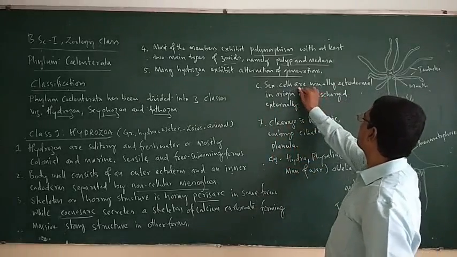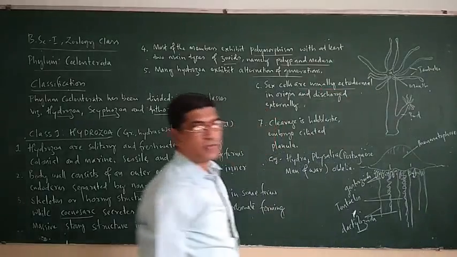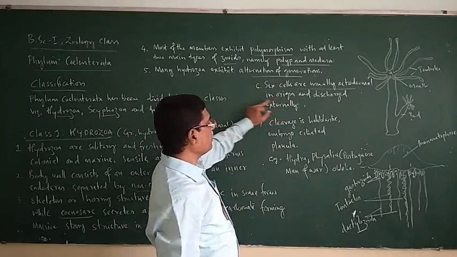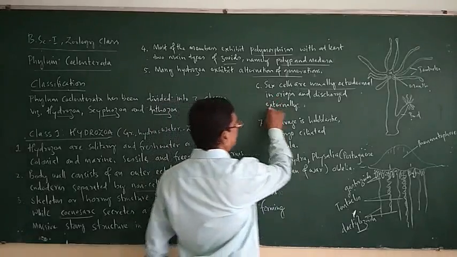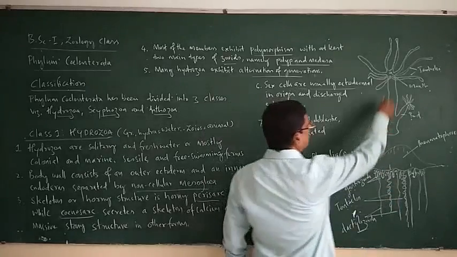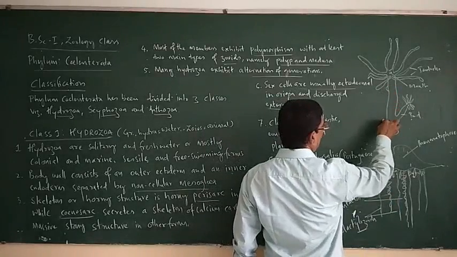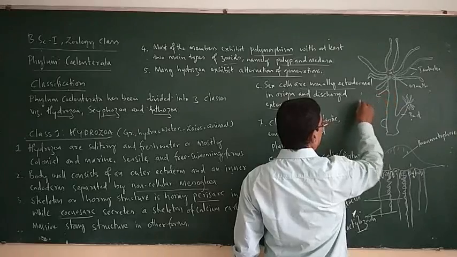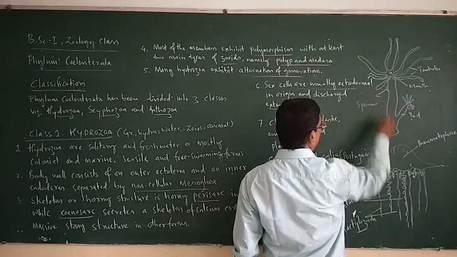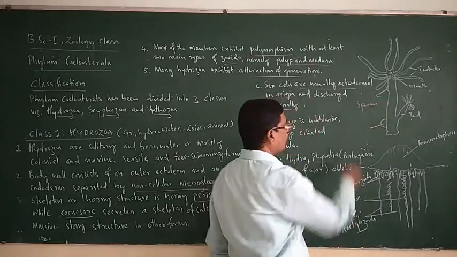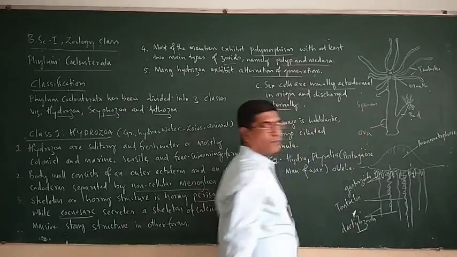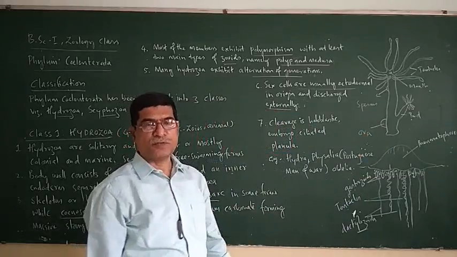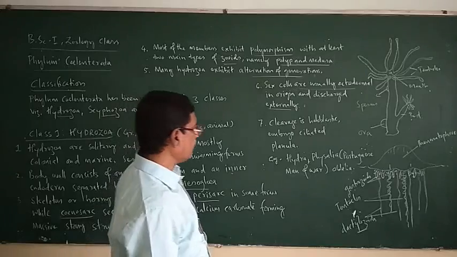Sex cells are usually ectodermal in origin and discharged externally. In case of Hydra, testis is here, ovary here, they are ectodermal. Testis produces sperms, ovary produces ova. They are discharged outside, and outside the body they fuse to form zygote.